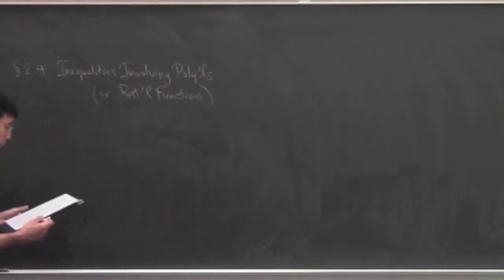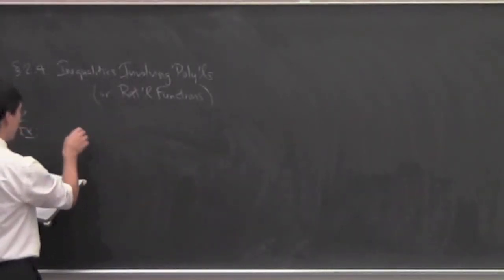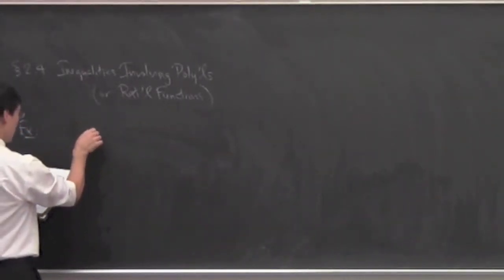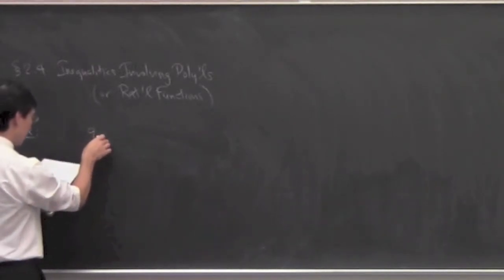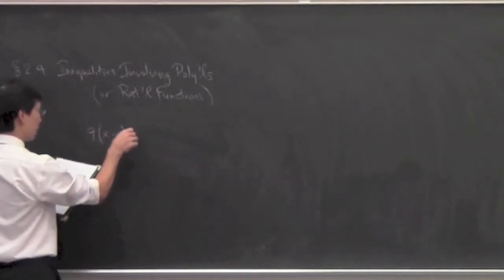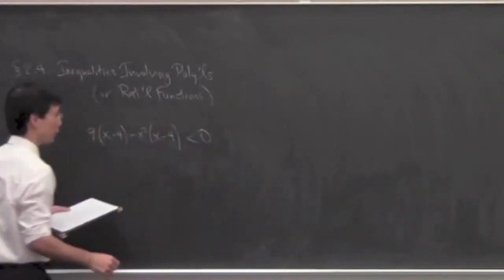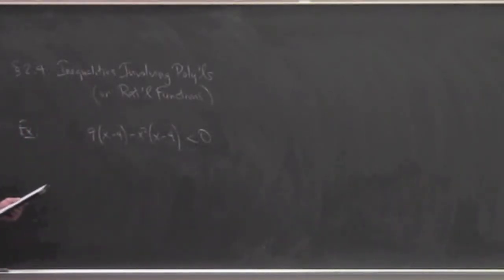Okay. So here's the example. You have a polynomial, let's say 9 minus x squared times x minus 4, and you put in an inequality.